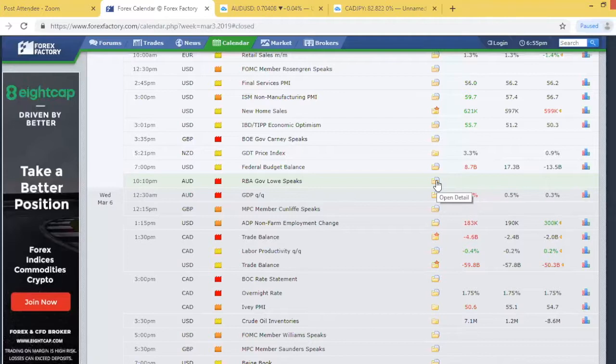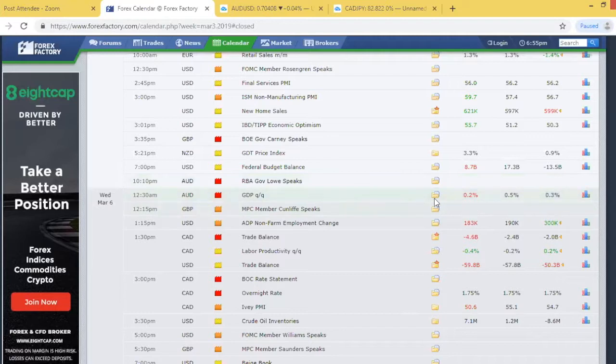So moving on, of course, this is where we did see the volatility, GDP quarter on quarter. This was fairly negative, 0.2%, down from the estimate of 0.5%, and ultimately down from the previous result of 0.3%.